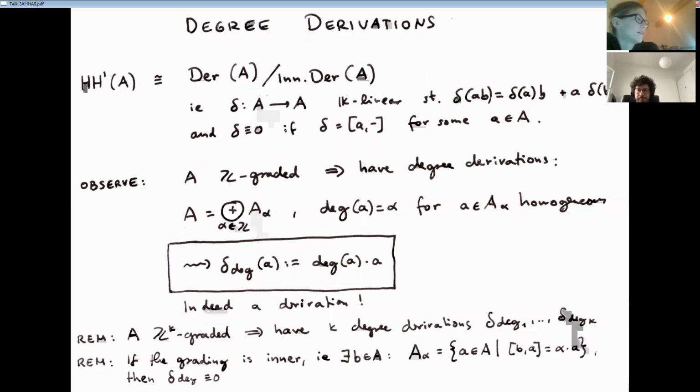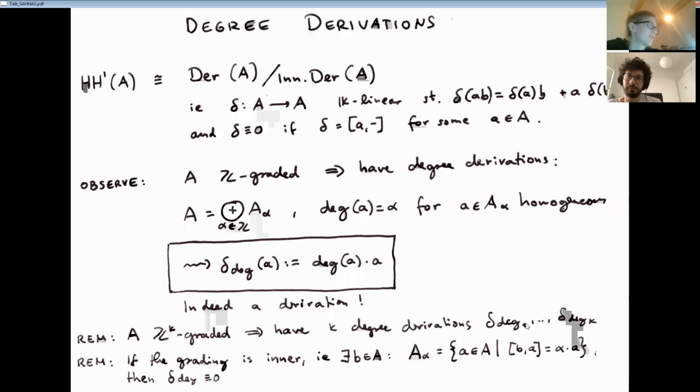Now let me start out with the other kind of topic for today, which are the degree derivations. So as mentioned, first Hochschild cohomology consists of derivations on A, modulo inner derivations.